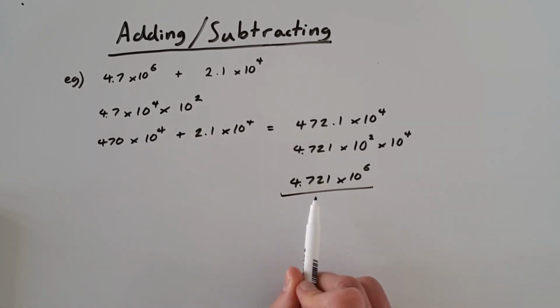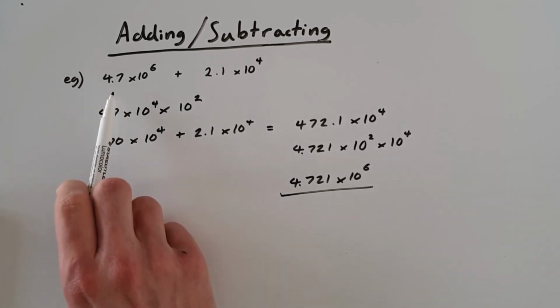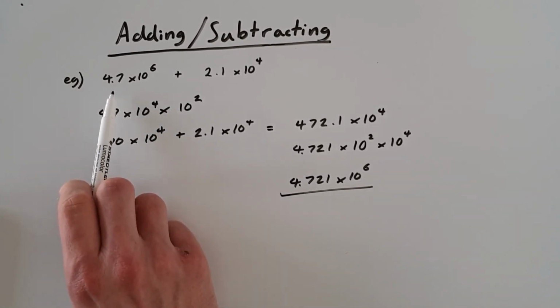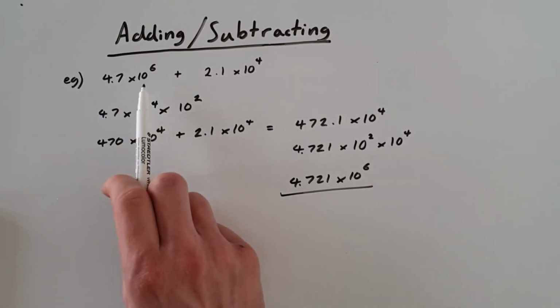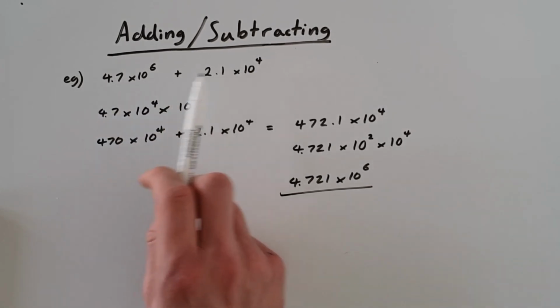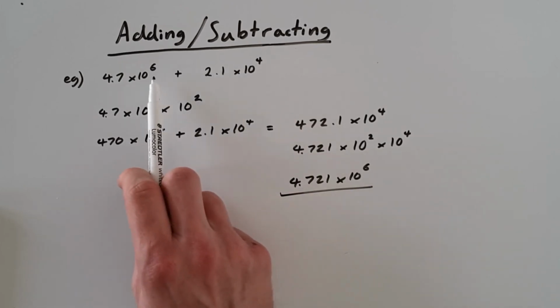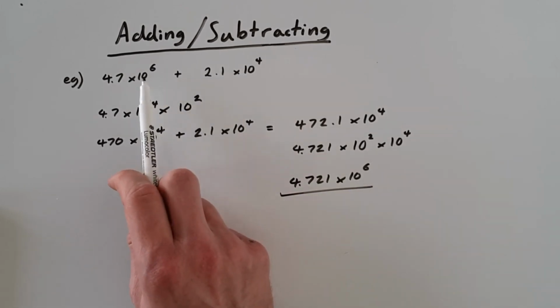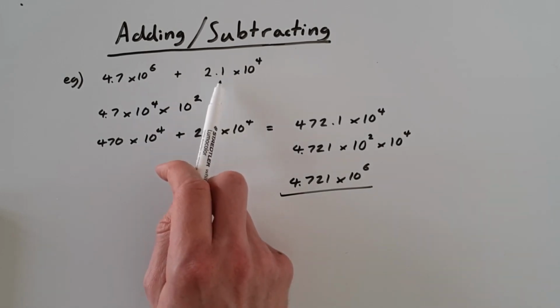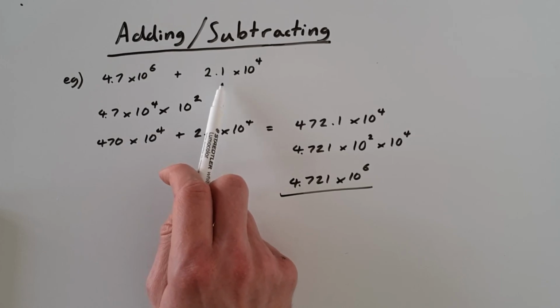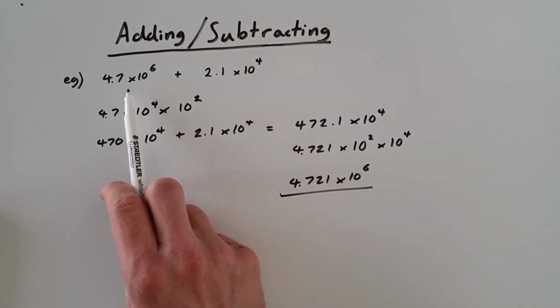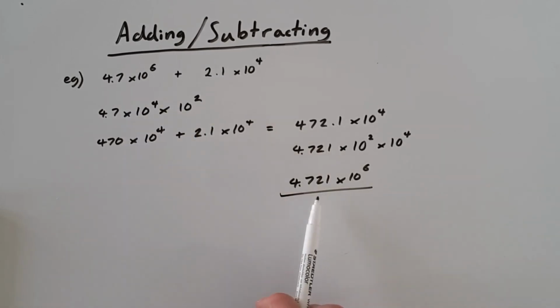As you can see, this number is not too far away from this number here. That's because we need to think about what we're adding. Because this one is times 10 to the 6 and this one's times 10 to the 4, and 6 is bigger than 4, this number is actually quite a bit bigger than this number. If we've got a big number and we just add a little number onto it, we're still quite close to the big number. That's exactly what we found here.